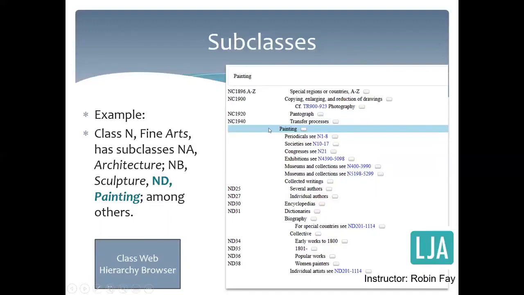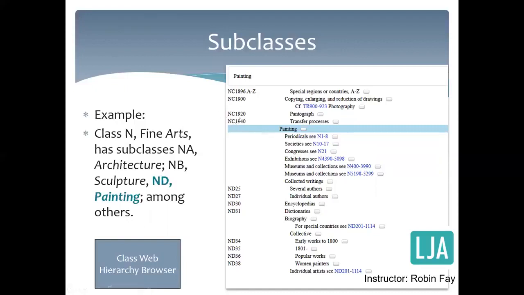Now, one thing you'll notice when you're looking at the ClassWeb hierarchy browser, it's great to be able to see that hierarchy. What you won't see, if you are doing a browse search like this, is the ND listed here when you go to the next subclass. It just omits that information.